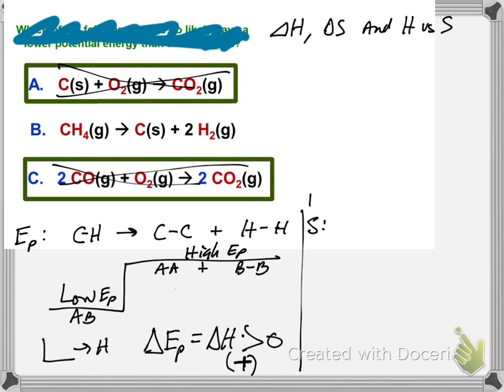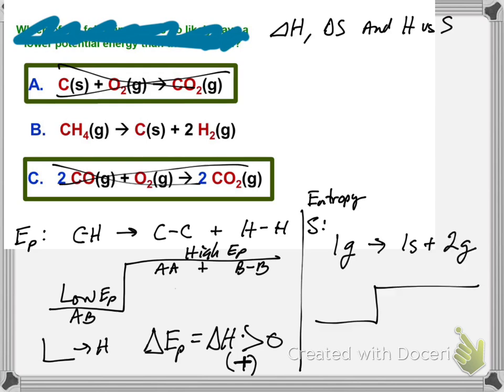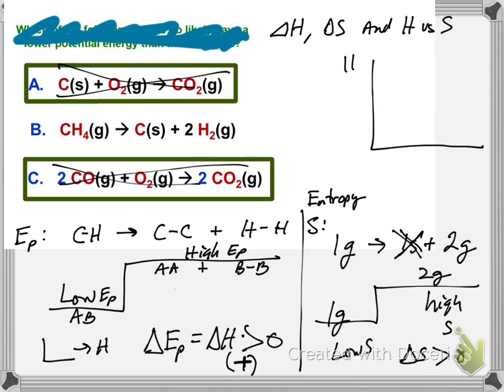If we look at entropy, remember the change in S here: one gas particle is going to a solid plus two gas particles. Remember, we just ignore the solids. Low entropy at one gas going to high entropy at two gas particles, low to high. This is also positive, so we have positive, positive. The products have the highest entropy, so I write the dash line to the right here.